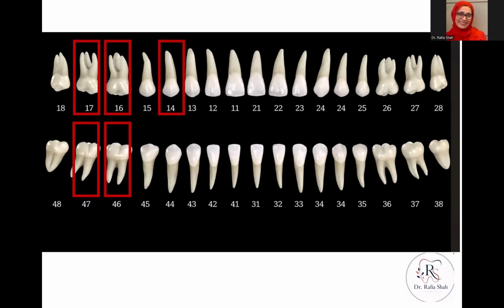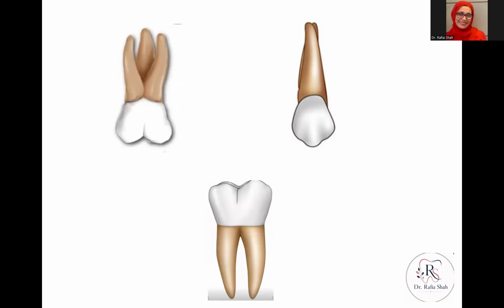We'll be talking about what the furcation point is and why it is essential to understand if we are talking about perio. So this is a maxillary molar, it can be right side or left side. If we see this tooth, it has one root, another root, and another root. So it has three roots.